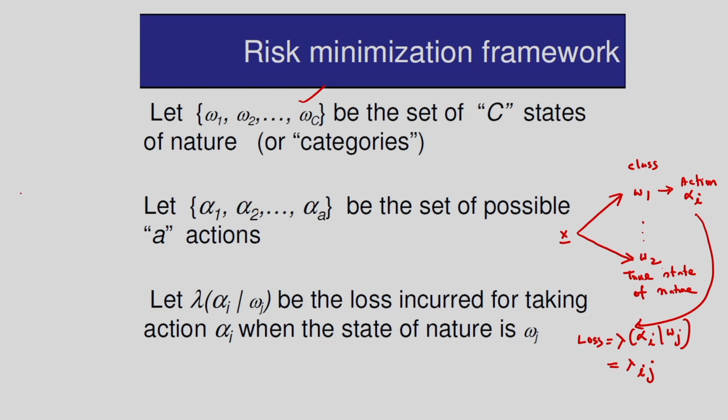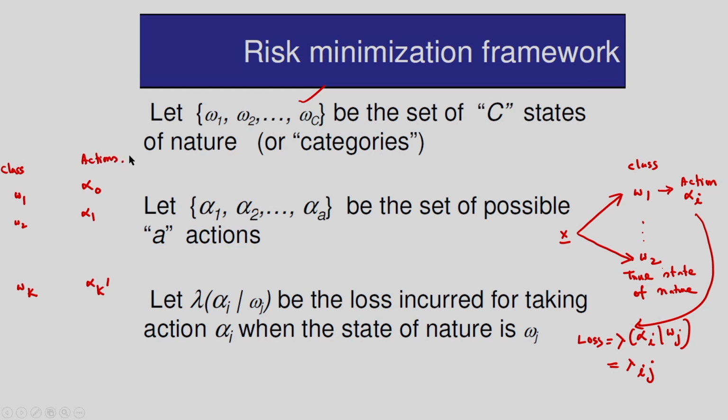So I can show this again. Suppose I have the classes W1, W2 like this, up to Wk. So k number of classes, and I am taking the actions like this, alpha naught, alpha 1, up to alpha k dash. So these are my classes, and I am taking some actions.